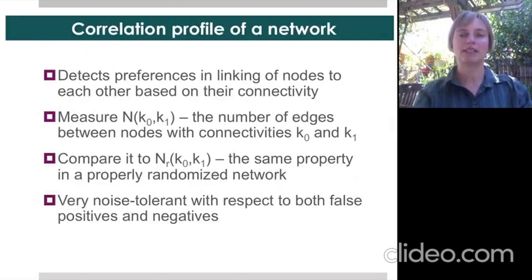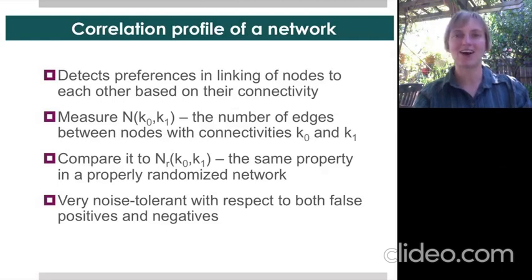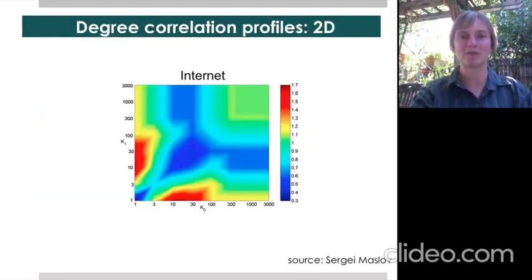There are different ways in which you can capture this. So one is to actually enumerate all possible pairings of degrees across the edges and look at the same property in a randomized network. The reason why I randomize is just to see, sometimes at random you'll have a high degree node connecting to a low degree node. So if you were to do this for the internet, here's what you would see.